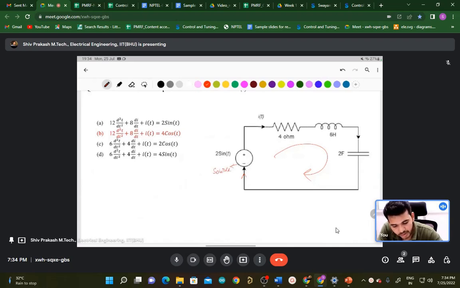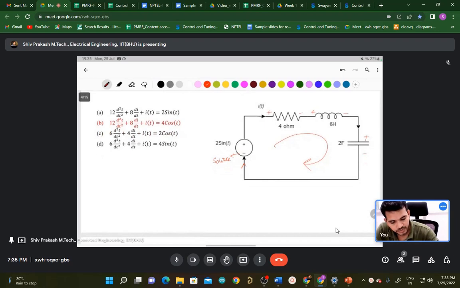And when the current enters a passive element, here the passive elements are the resistance, inductor and capacitor, then the current enters the positive terminal. This one is positive, which means current enters, so this element is a passive element. And where the current enters the negative terminal, it is the active source.